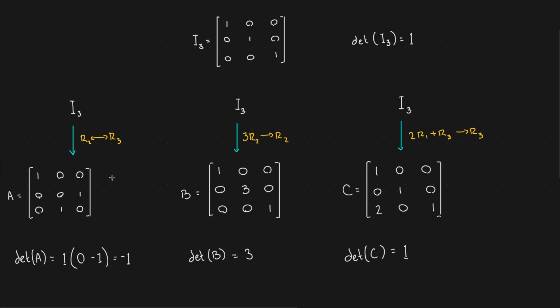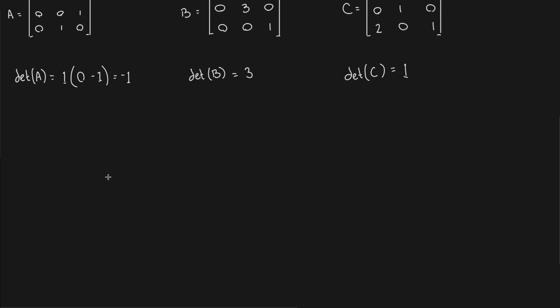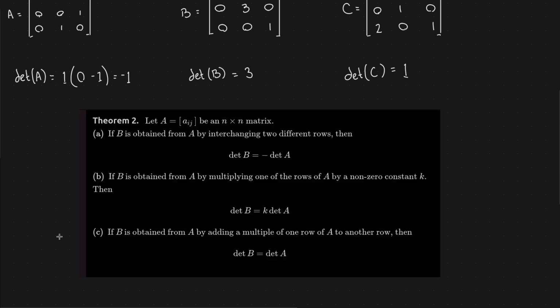So these observations that we made for the identity matrix actually apply to any elementary row operations on any square matrix and how they change the determinant. Okay? And so we have the following results. Let A be a square matrix, an n by n matrix.